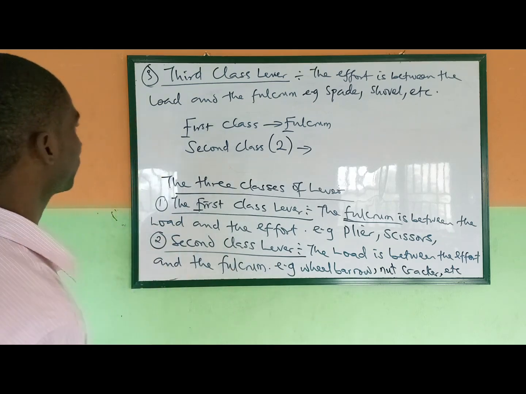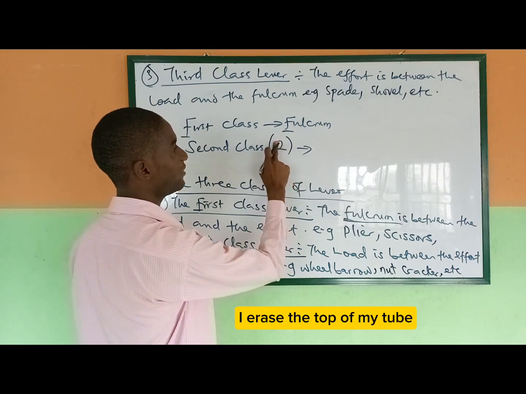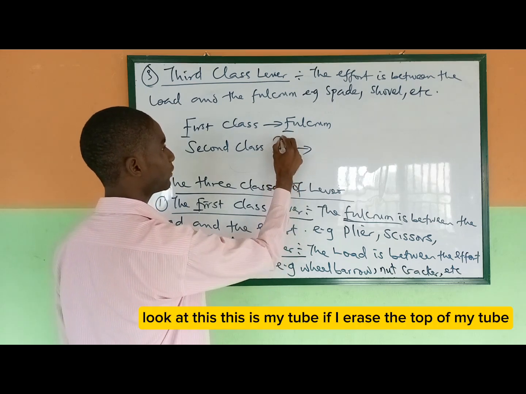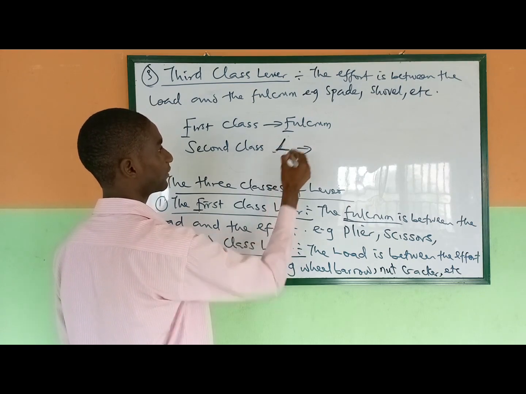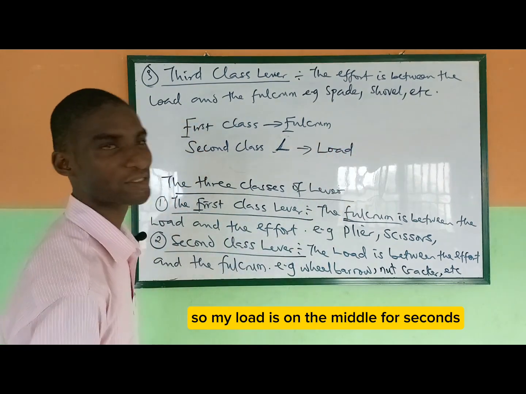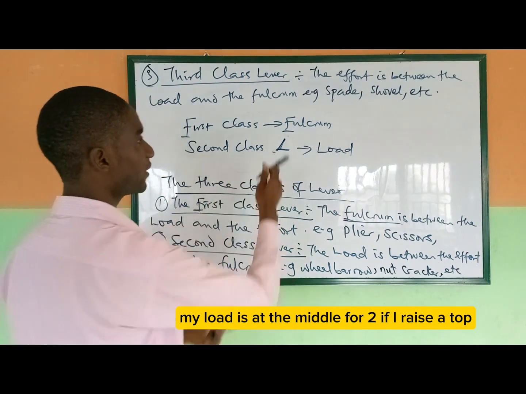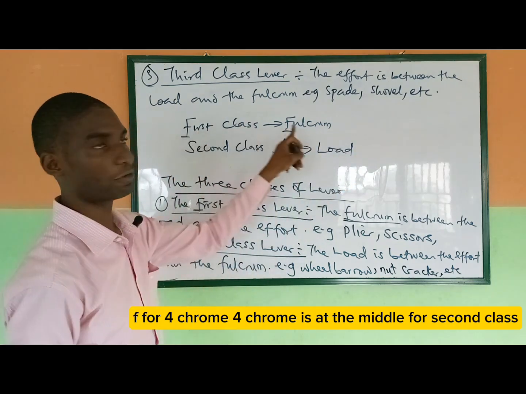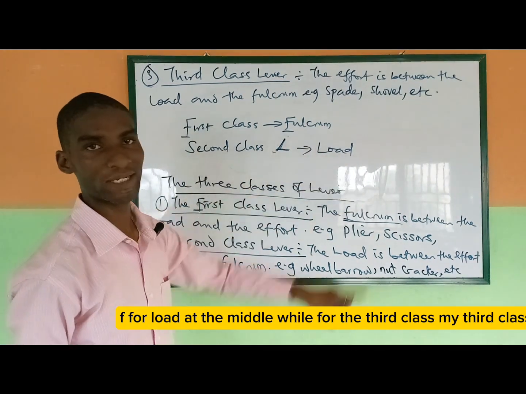If you look at this 2 that I've written, if I erase the top of my 2, what is left? L. So my load is at the middle for second class. If I erase the top, I have L for load. For the first class, F for fulcrum. Fulcrum is at the middle. For second class, L for load at the middle.